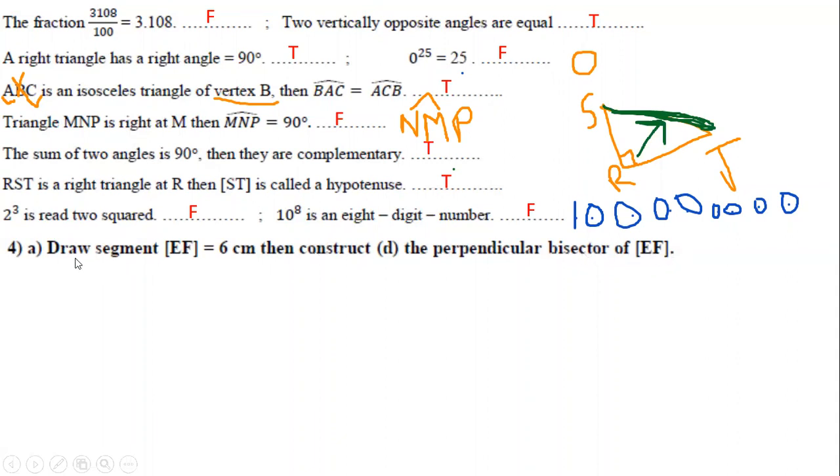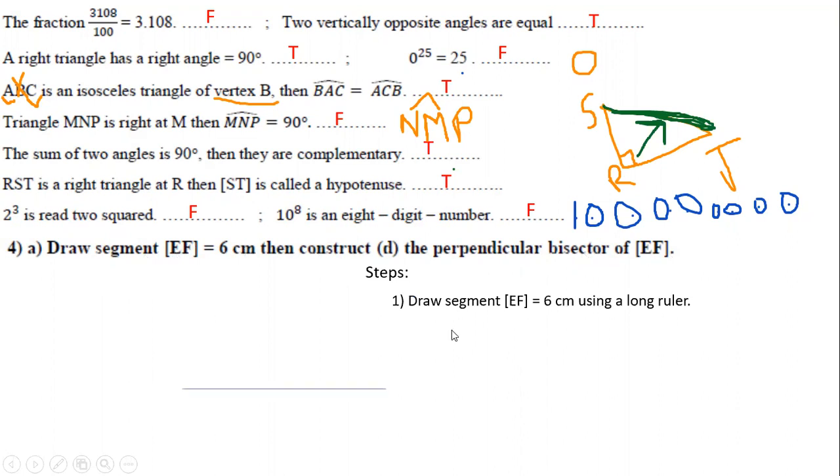Okay, first we should draw a segment EF equals 6 centimeter. Which ruler do we use to draw a segment, Adam? Long ruler. Bravo. So step number 1, we draw segment EF equals 6 centimeter using a long ruler.